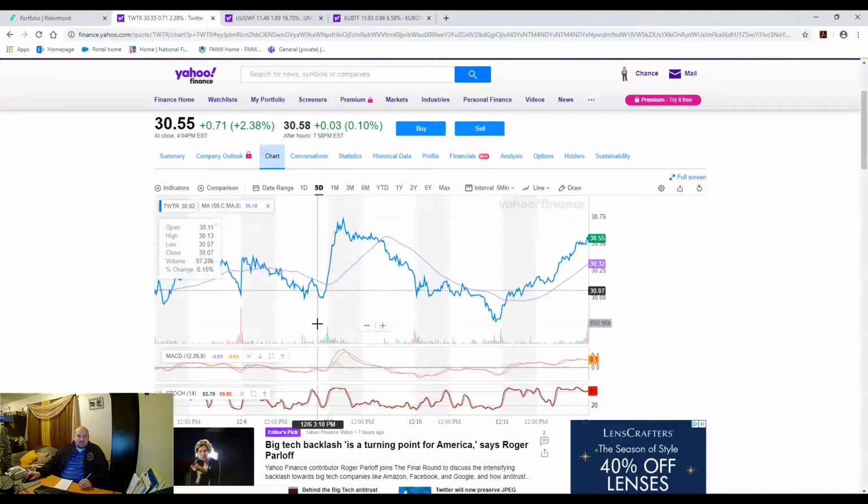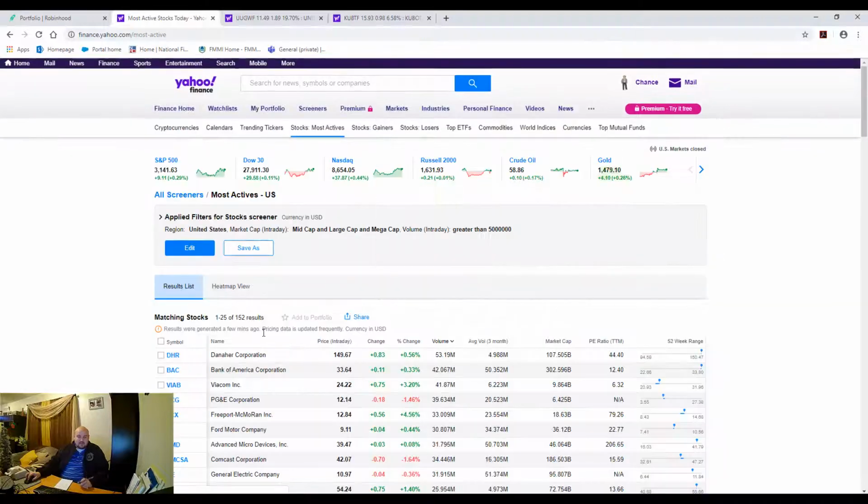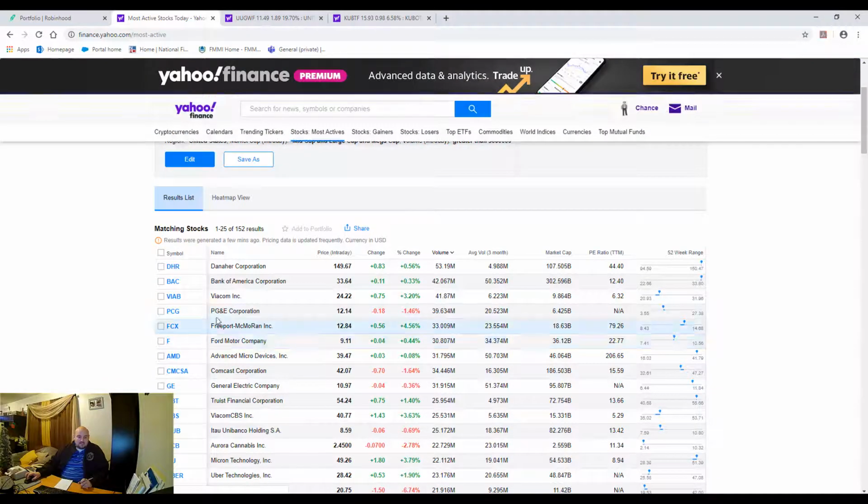And again, this is a way you can look at a bunch of different stocks that you're not commonly reviewing for different possibilities. So stocks most active, PG&E is an electric company here in California. It's heavily undervalued.